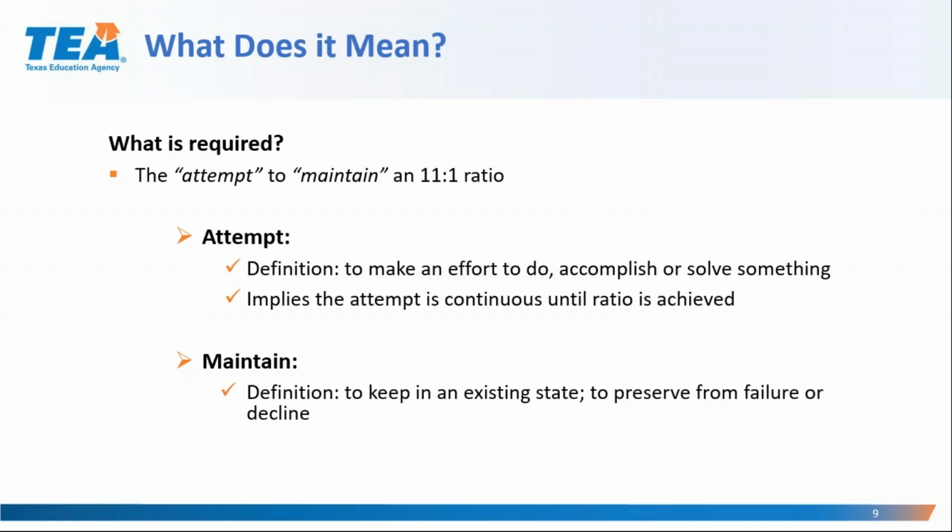So in this instance, what is required is that districts, charters, and districts of innovation are required to attempt maintaining in all 7 hours of the preschool day a ratio of 11-to-1. And that attempt should be continuous until that ratio is achieved for the entire school day.